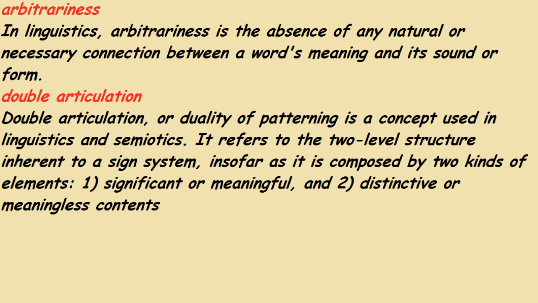For example, we have the word pen, right? If we call the object pen, it's not because the object makes the noise of pen. Just like we said before, onomatopoeic words. Onomatopoeic words, just to refresh your memory, are words that describe the sound they make.